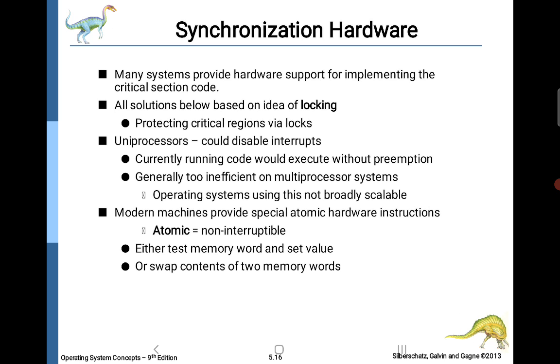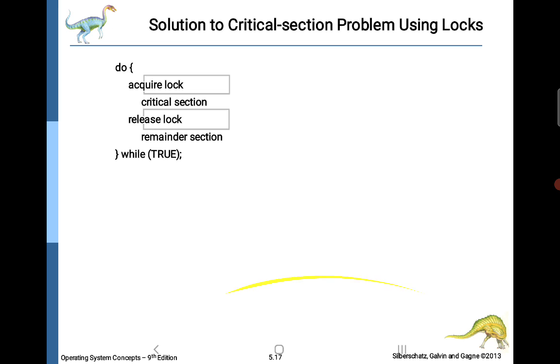We will consider two of these atomic commands in the following minutes. One is test and set, the other is compare and swap. So we have two different commands that we shall see now.